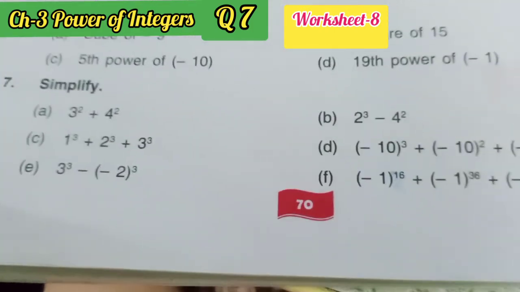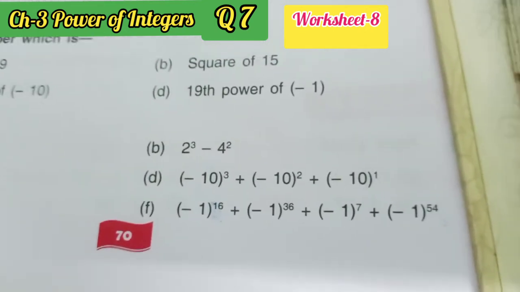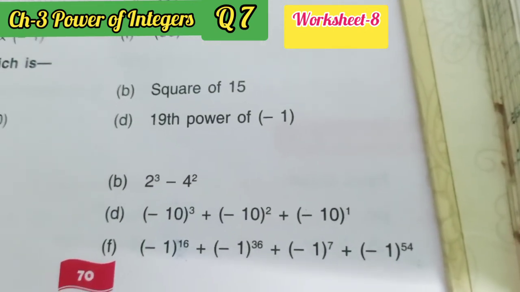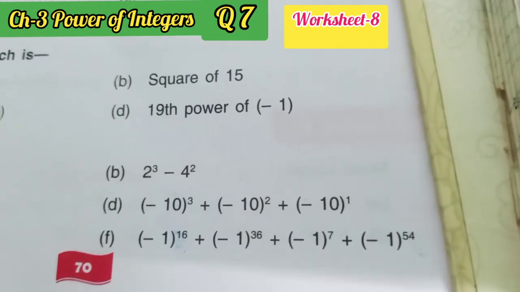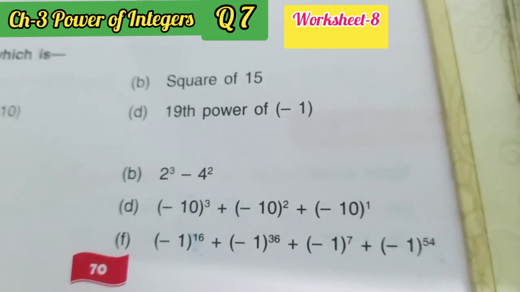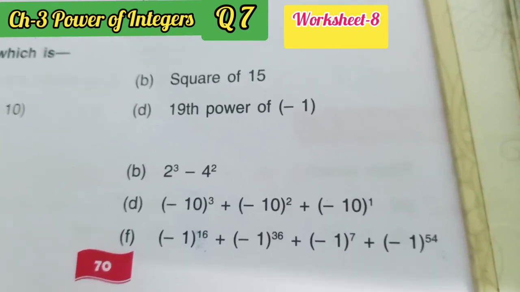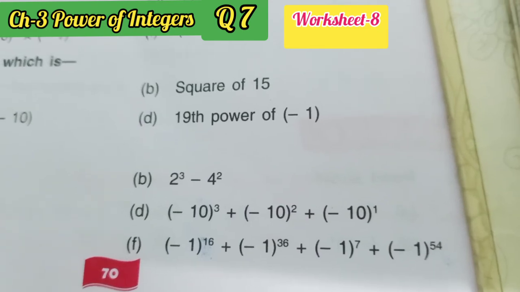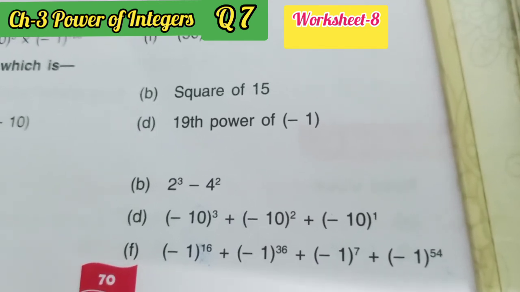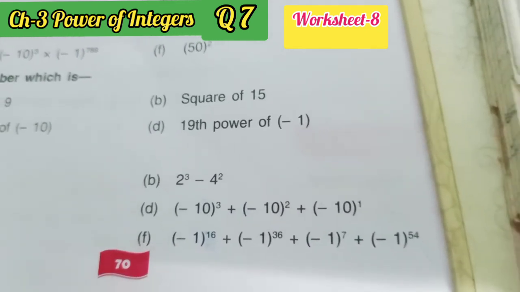And question 7F part, minus 1 raised to power 16 plus minus 1 raised to power 36 plus minus 1 raised to power 7 plus minus 1 raised to power 54, and you have to solve it.